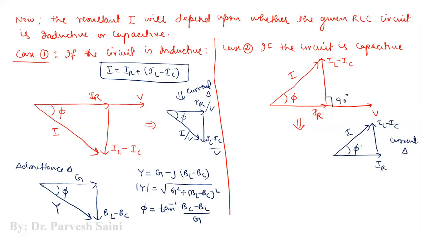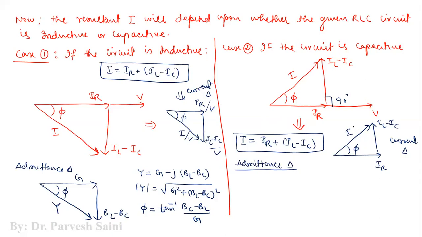Okay, so from here we can get the admittance triangle also, but the equation of I is equal to IR plus IL minus IC. So in both the cases we have kind of the same equation. Now the admittance triangle is obtained by dividing this with V all around.